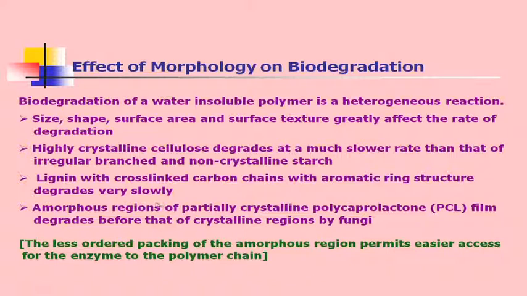And the life of wooden furniture is so high because of the presence of lignin in the wood material. Amorphous regions of partially crystalline polymers, like a partially crystalline polycaprolactone film, degrade before the crystalline regions by fungi. So, it has been established that if a polymer is amorphous, it will be degraded faster.